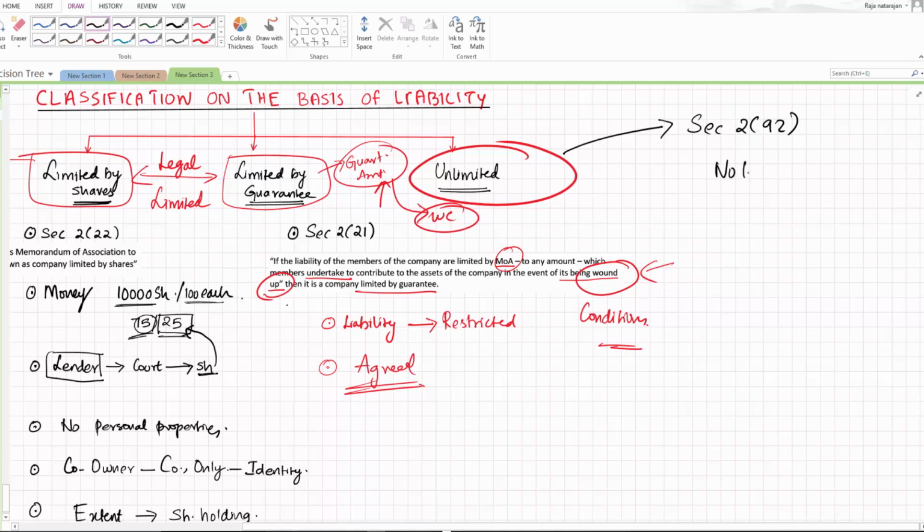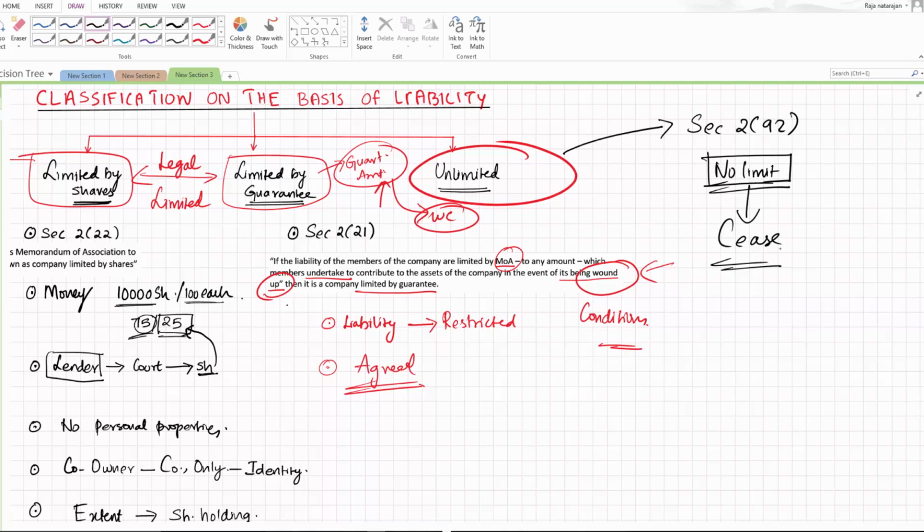So there is no limit on the liability of its members. How long will this no limit continue? It will continue till they are members. It means if the members cease to be members, then the liability will also cease.